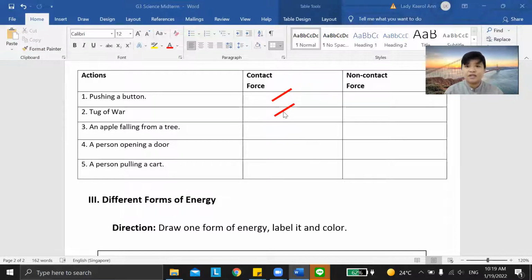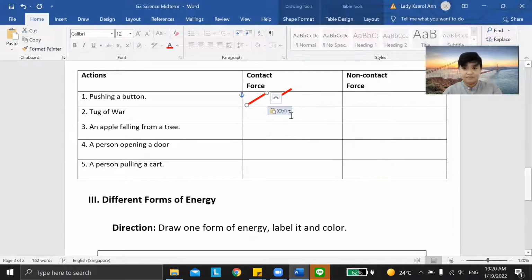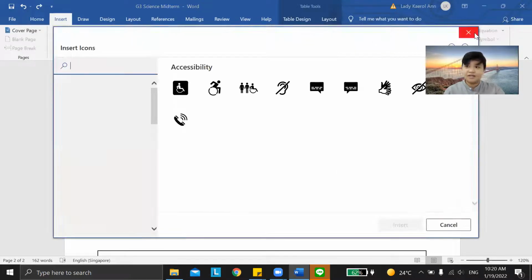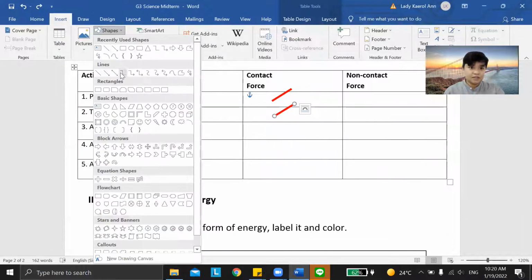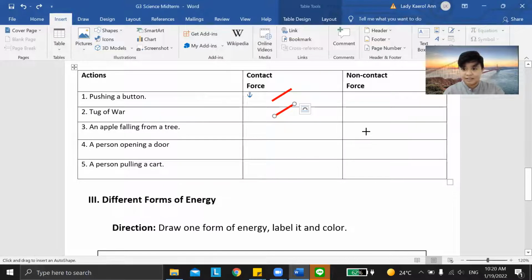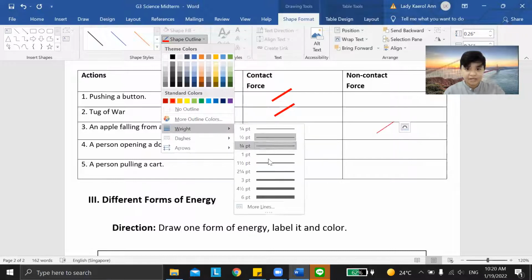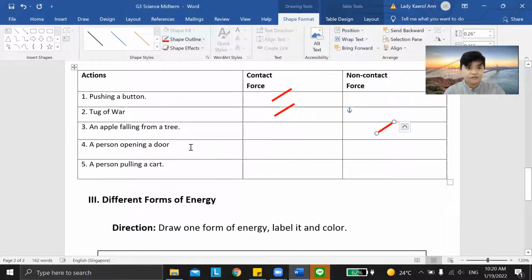So an apple falling from a tree is a non-contact force. Let's check non-contact force.